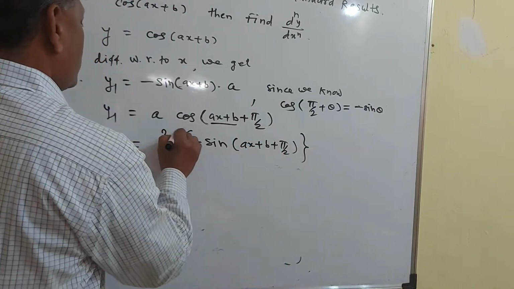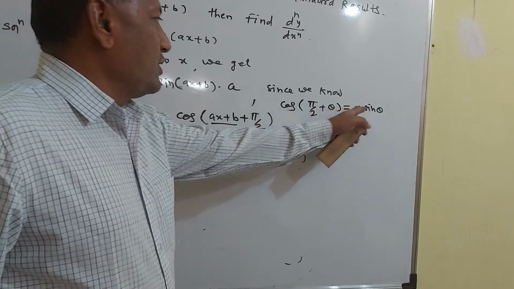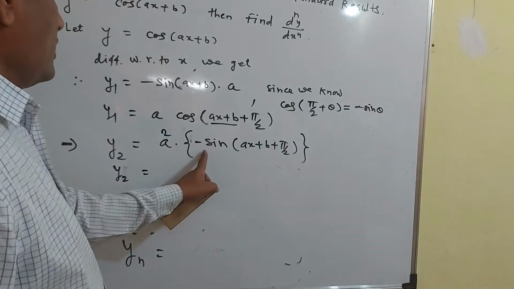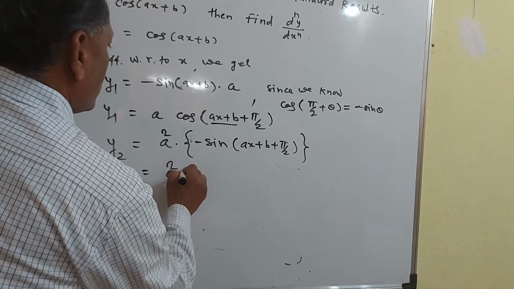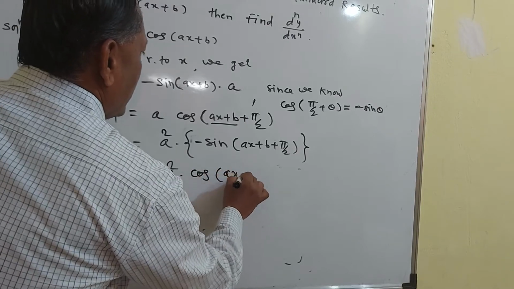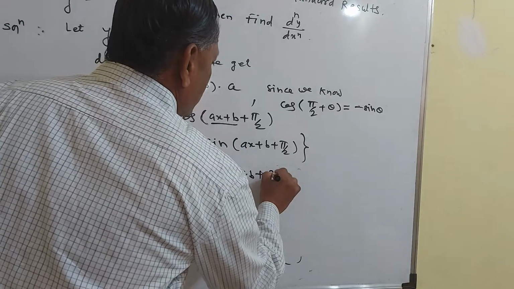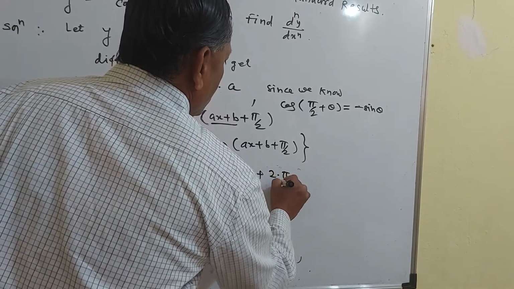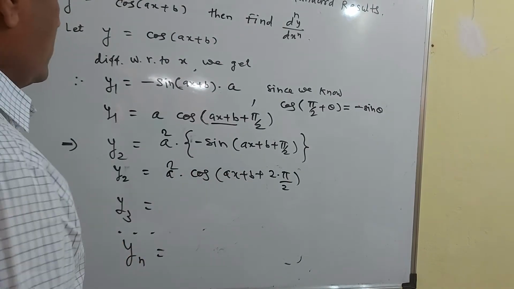Means here you get a square. Again using the formula of cos of pi by 2 plus theta is equal to minus sin theta, here minus sin theta means this. So a square into cos of ax plus b plus pi by 2 plus pi by 2, means 2 pi by 2. So this is the second derivative.